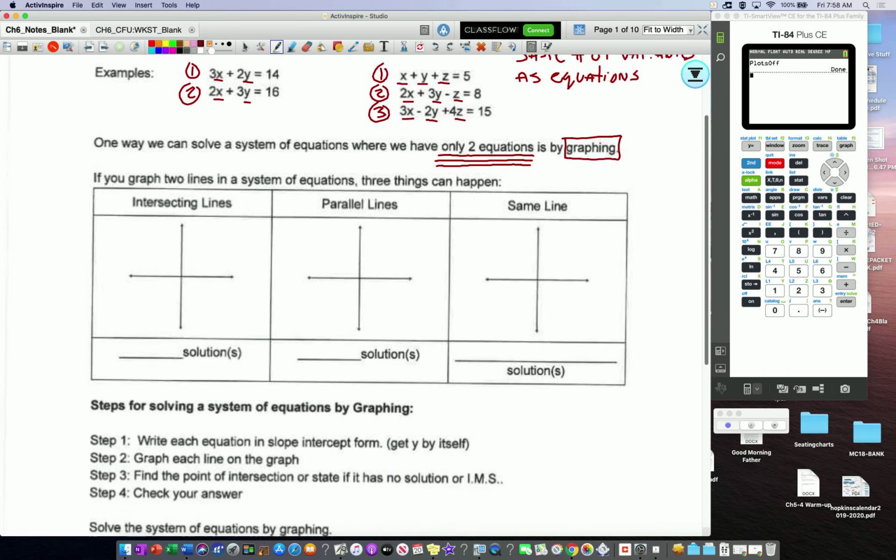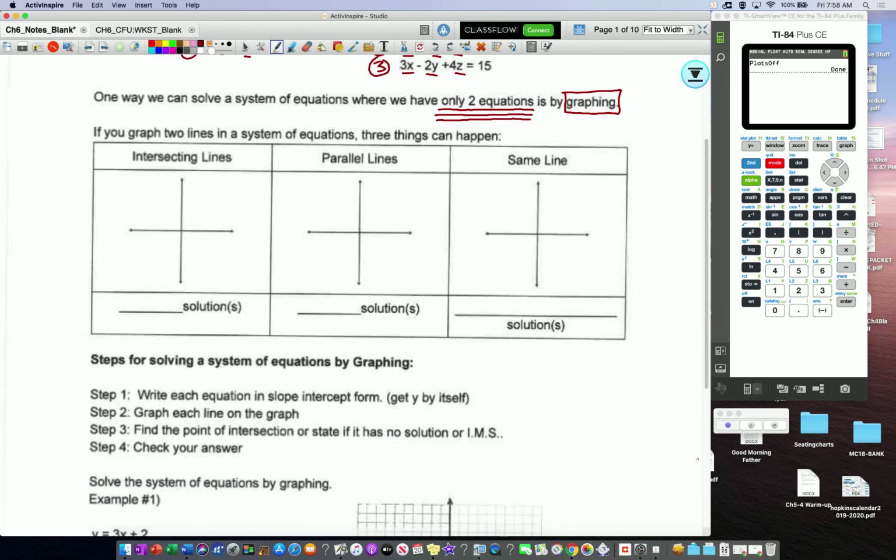So now when you actually solve by graphing, you can have three different things happen when solving systems of equations. The most likely solution that we'll get is we're going to have simply one solution, and that's where the lines intersect. So we have intersecting lines. So you might have one line here.